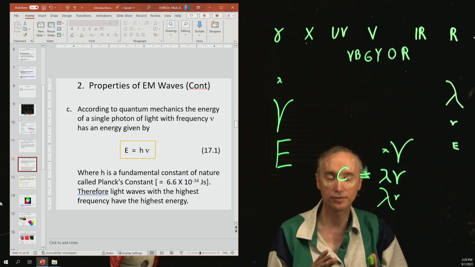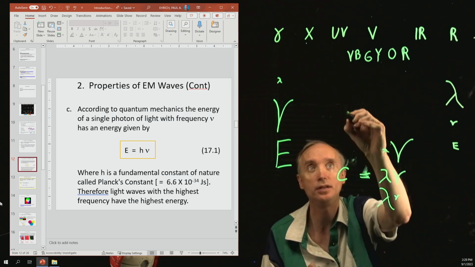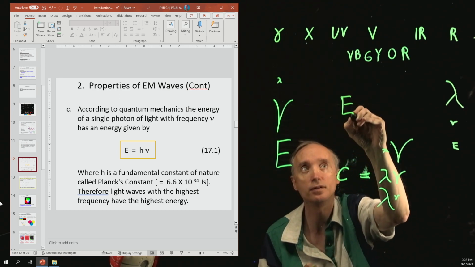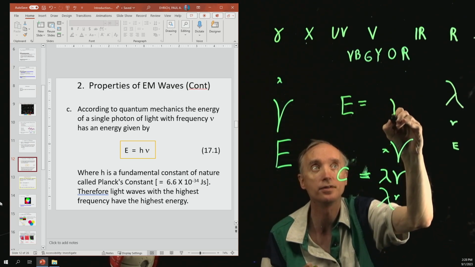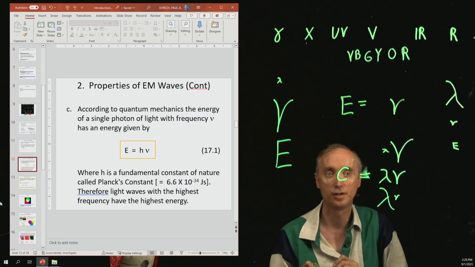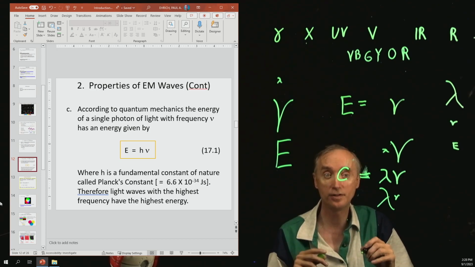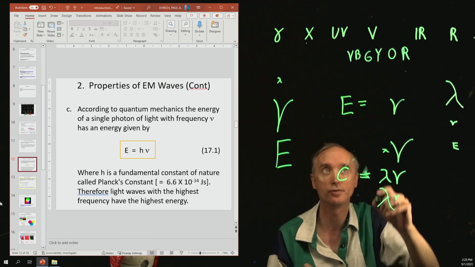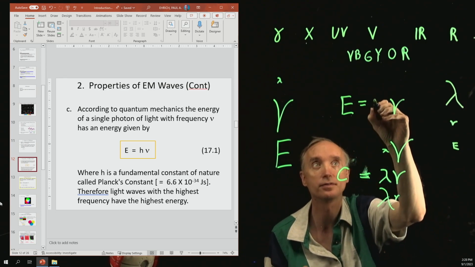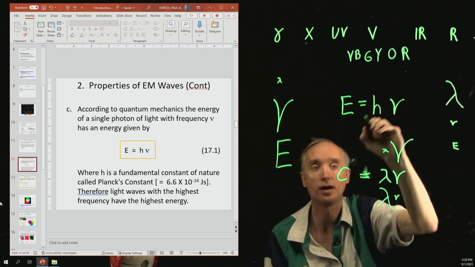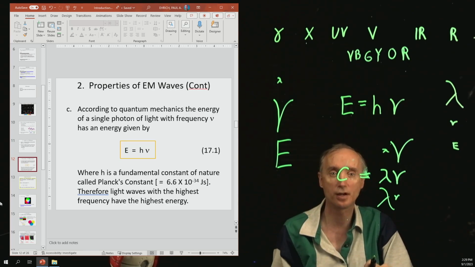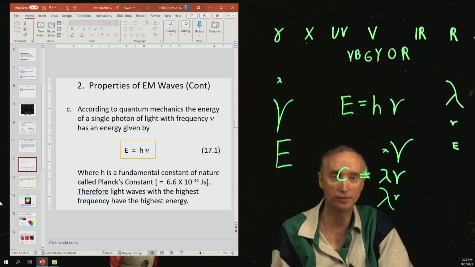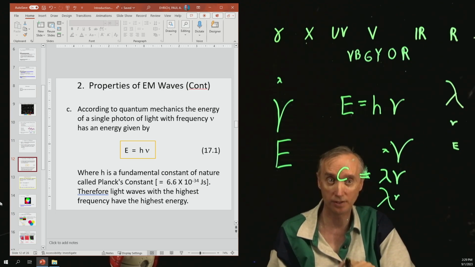And it turns out that energy, so E for energy of a single photon, is going to depend on its frequency. And then a fundamental constant of the universe called Planck's constant, which is not that important to us. But this H thing is a fundamental constant of nature, and I went ahead and gave it to you if you're interested, but you're not going to be using it on the exam.